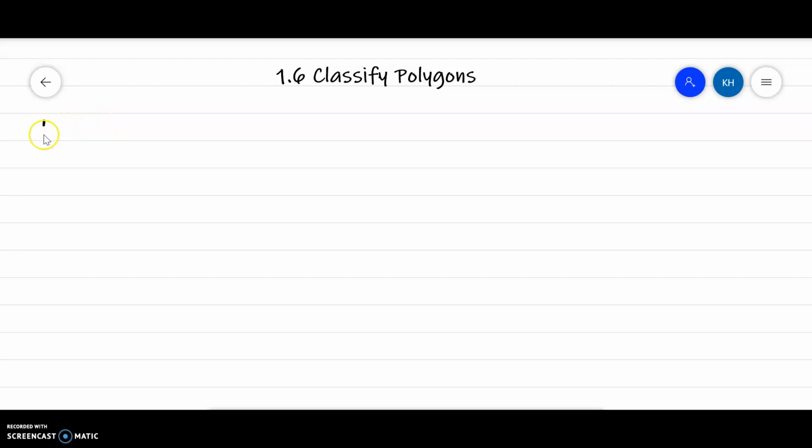First thing up for us today is to ask yourself, what is a polygon? In case you don't know, a polygon is a closed figure.